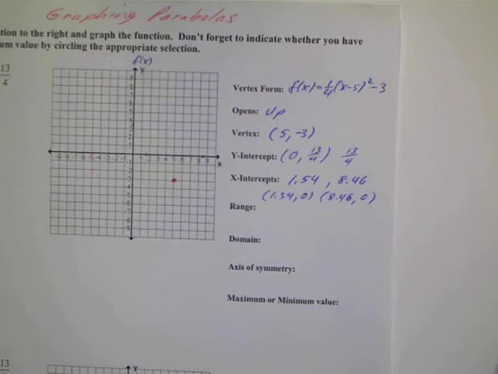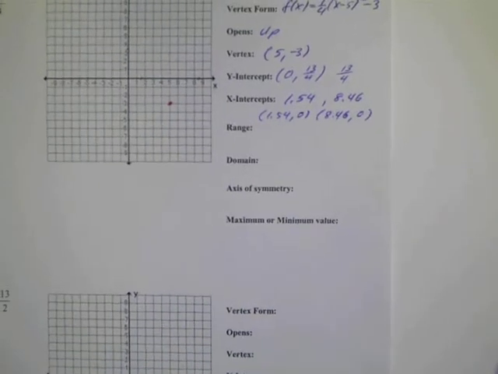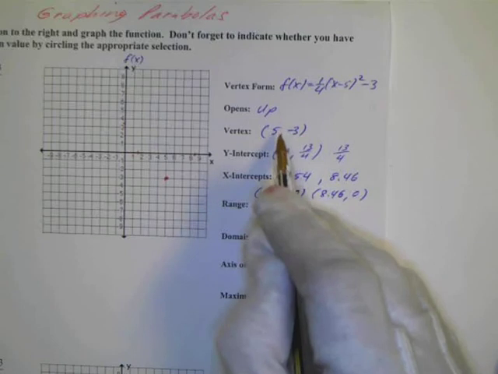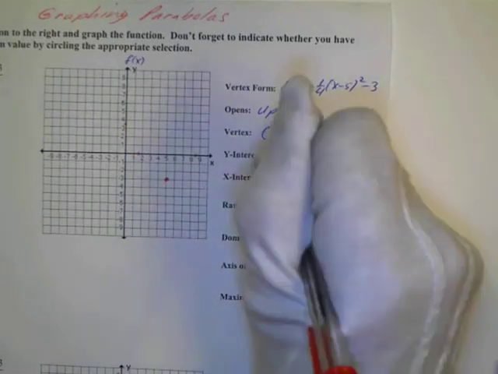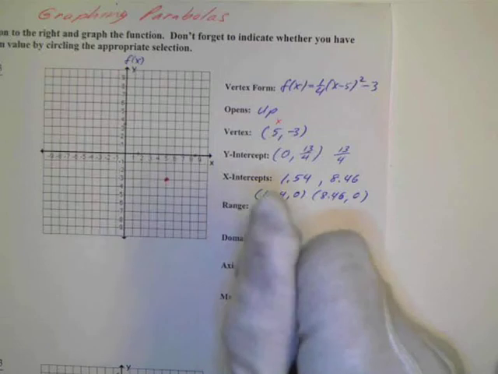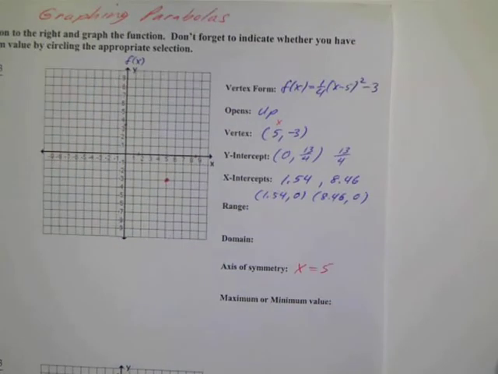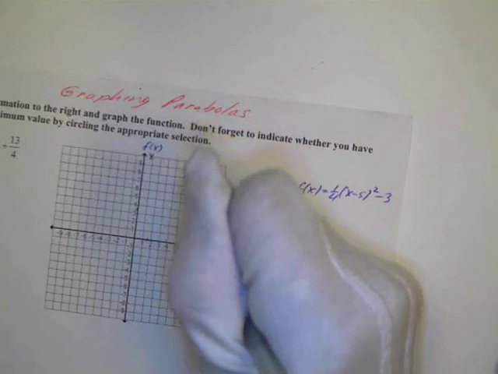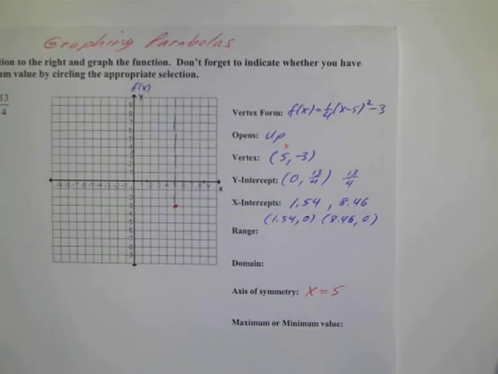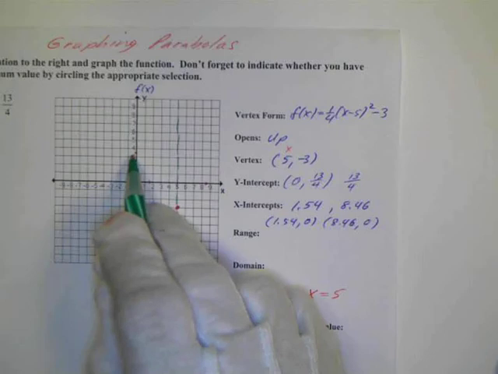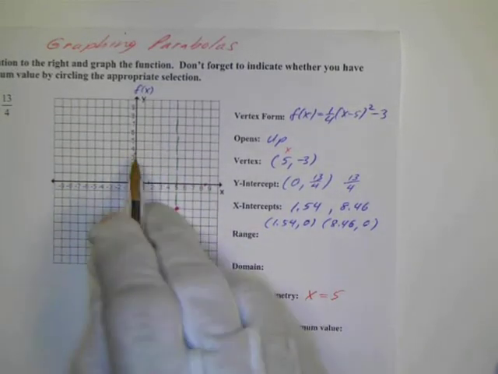And my axis of symmetry, that's going to be down here. It's going to be the line that goes right down the middle, or actually the x value of the vertex, which is 5, so it's going to just be x equals 5. And I'll just draw that dashed line right down there so we can see our symmetry. And we know we have a point on the other side of the symmetrical line for the intercept.